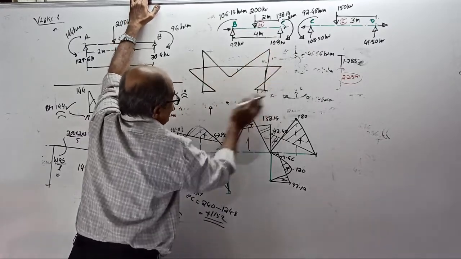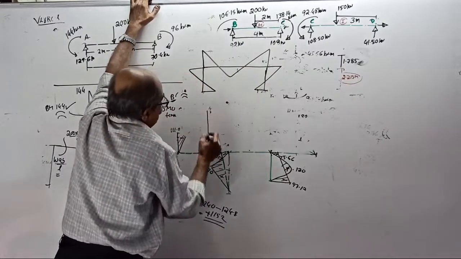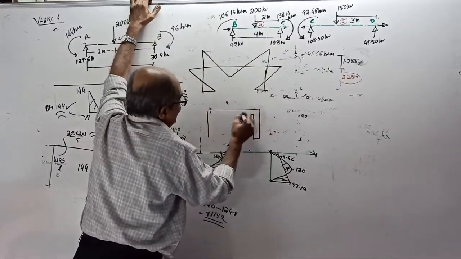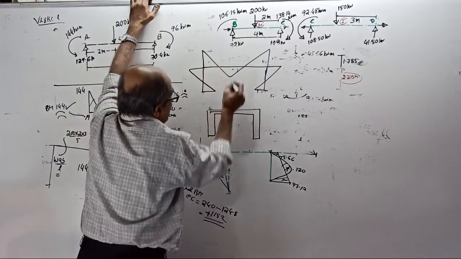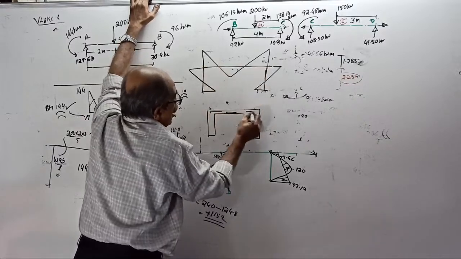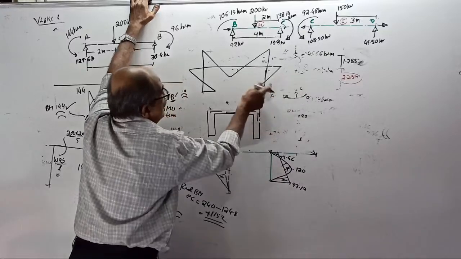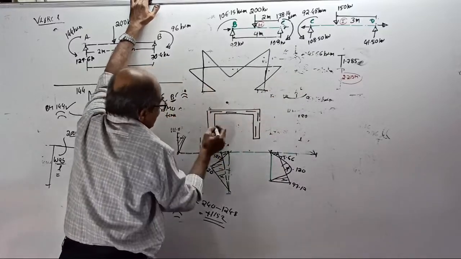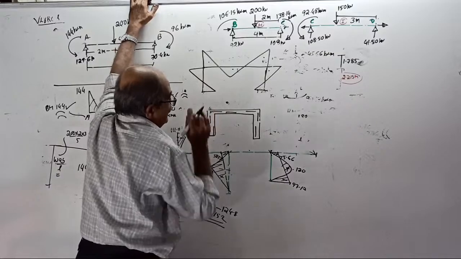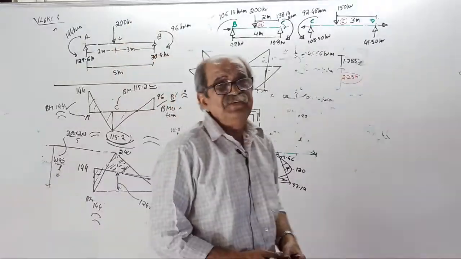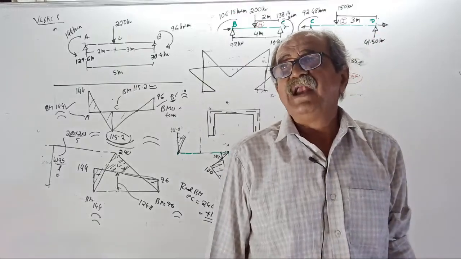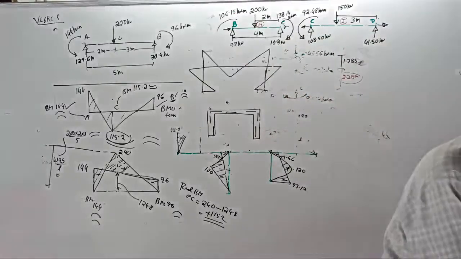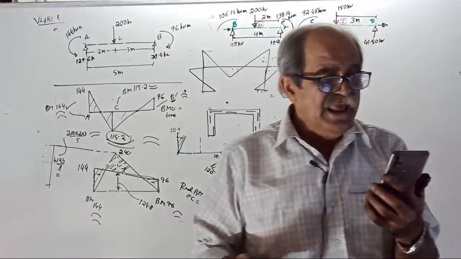Then when we go to RCC, if you provide tension steel: tension at the top, tension bottom, tension top, tension right side, tension left side, tension right side, tension left side. So it is easy to identify the location or zone where tension comes. Is the concept fully clear?